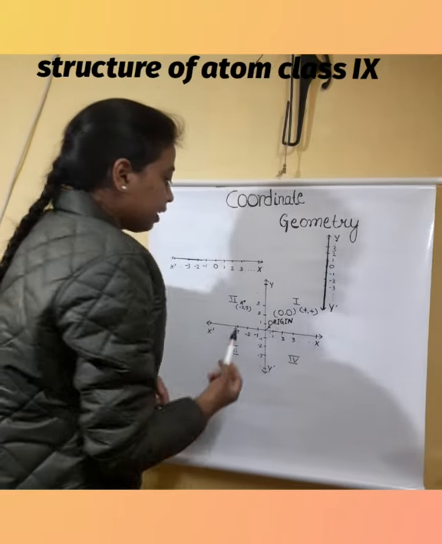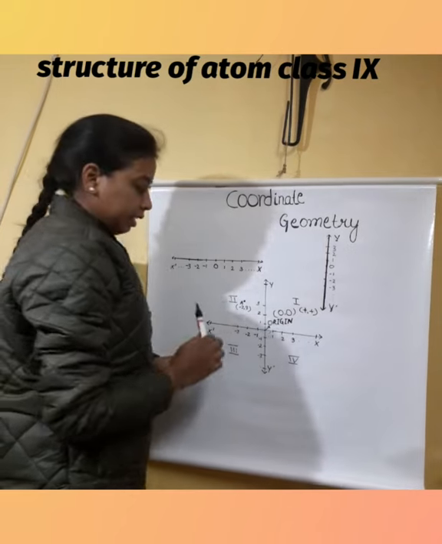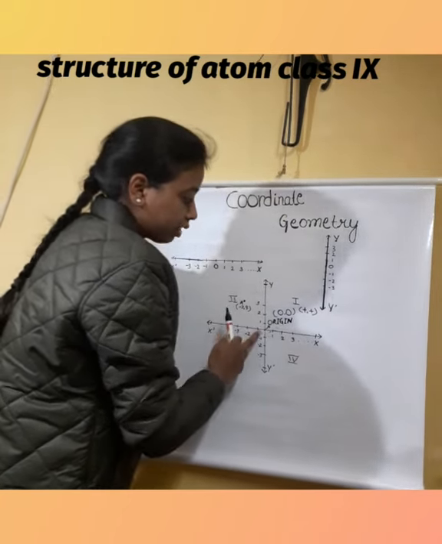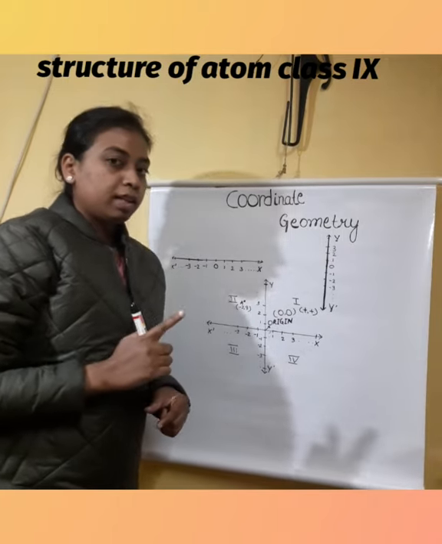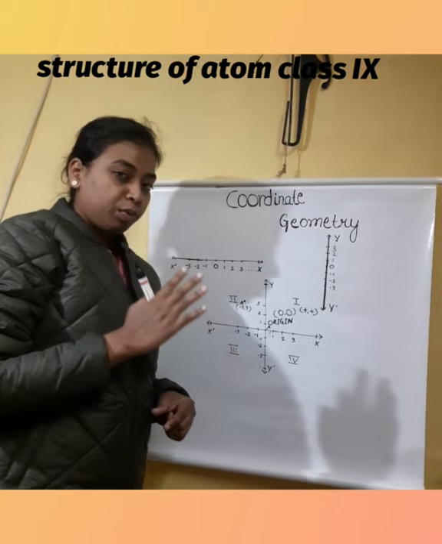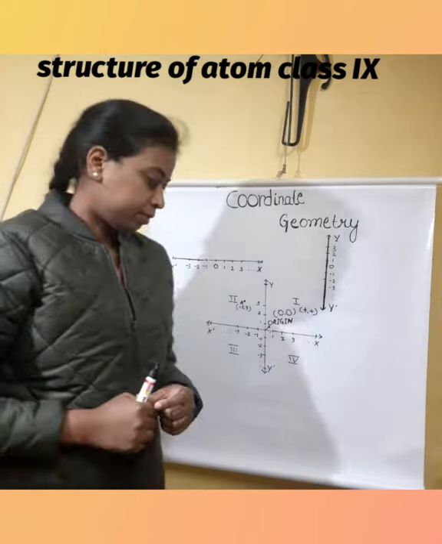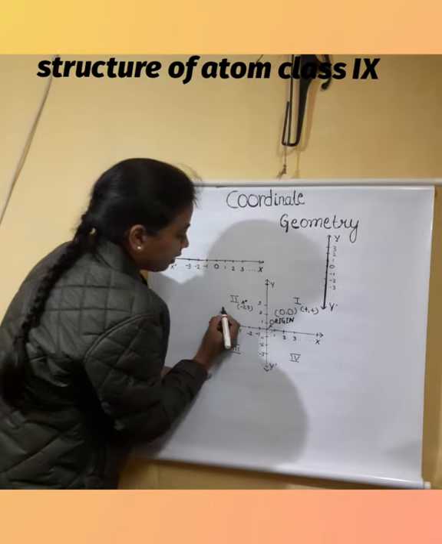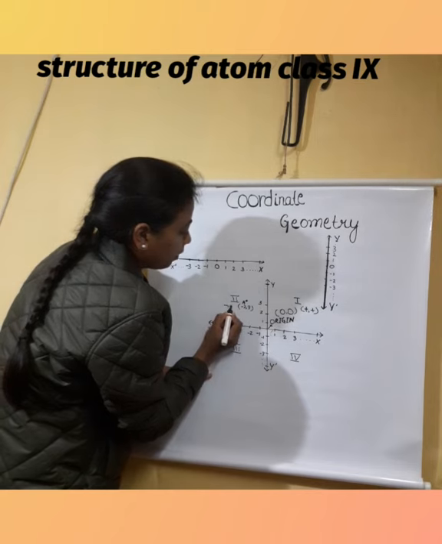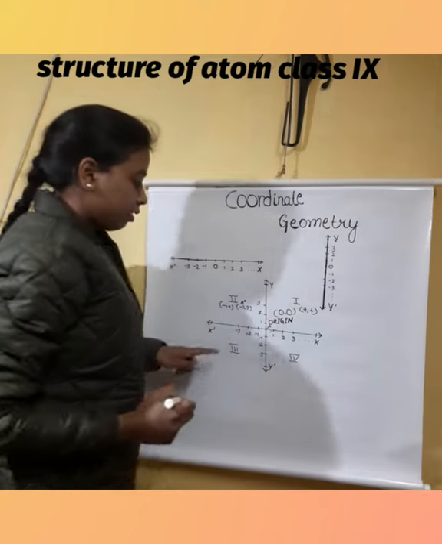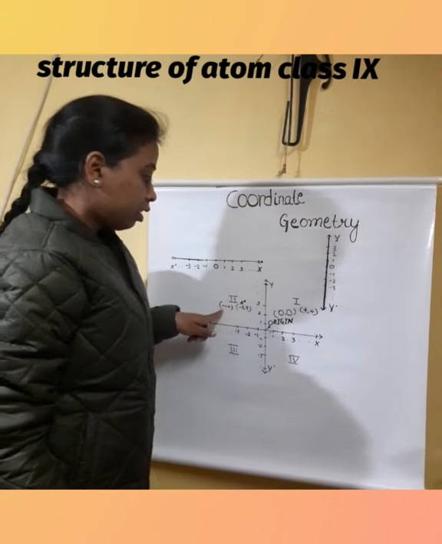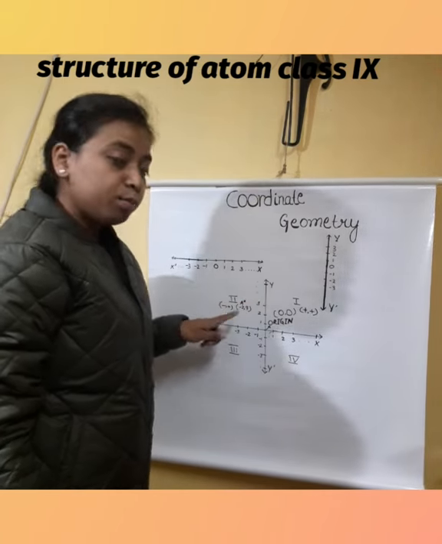The sign for the second quadrant is... The second quadrant lies between negative x-axis and positive y-axis, and we put the sign of the x-axis before the sign of the y-axis. So here the sign of the second quadrant is minus, comma, plus. Because x is negative and y is positive, we put first negative and then positive sign.